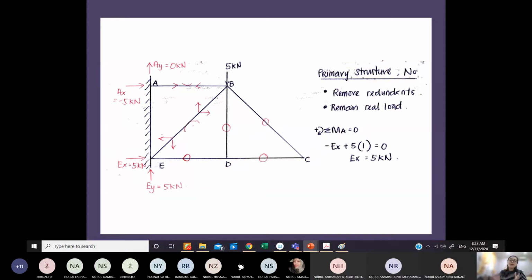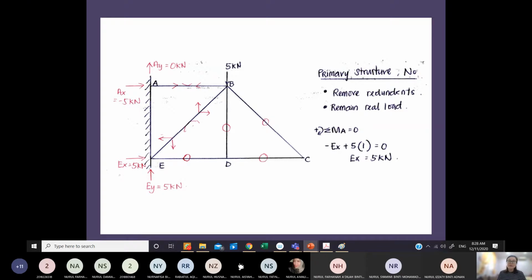For truss, you can use method of joints or method of sections, which I have shared with you before. What I'm showing here is using the method of joints, but I'm going to solve it directly on my diagram. Therefore, I'm going to go joint by joint to solve for the unknown forces.